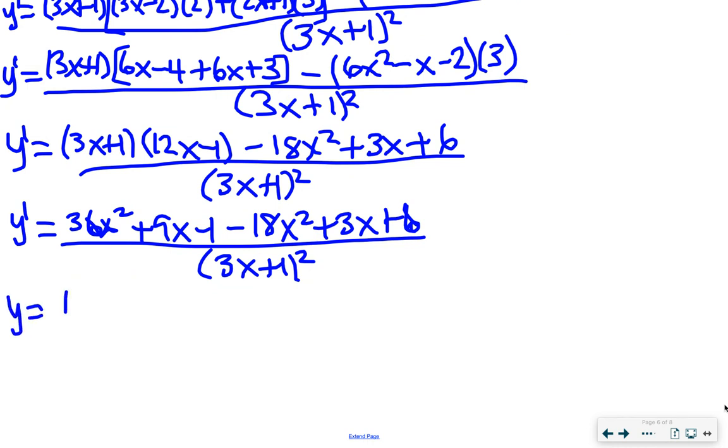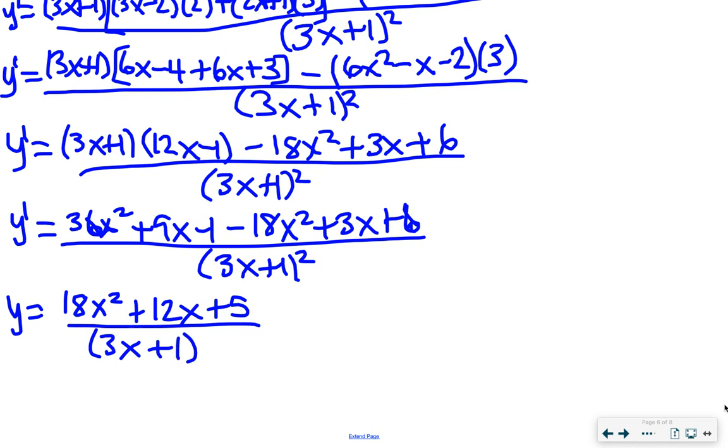So we get 18x squared plus 12x plus 5 all over 3x plus 1 squared. Awesome. I think that's about as simple as we can get there. Cannot factor that numerator at all.